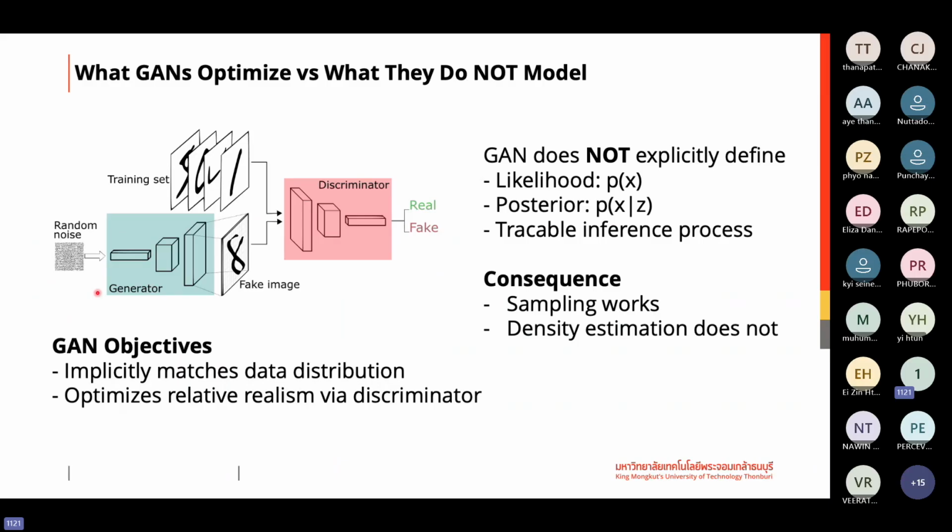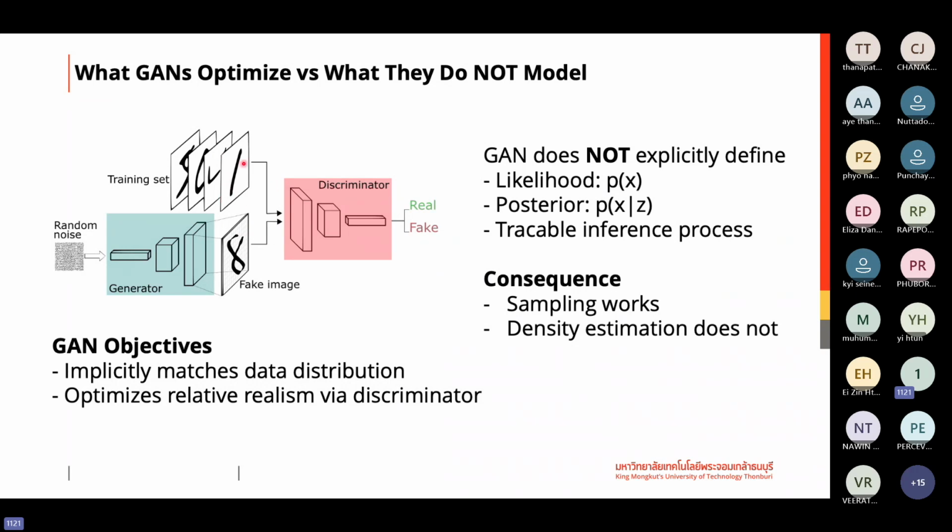So that is GAN, right, from the last time. If you remember, when we learned about GAN, GAN would use random noise, fetch the random noise through the generator to produce a certain fake image, and then you have a training set, which are real images.